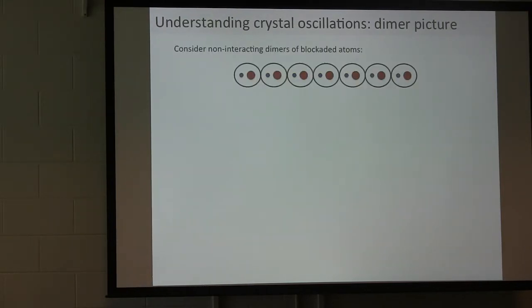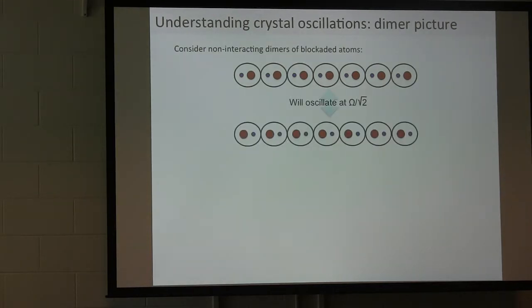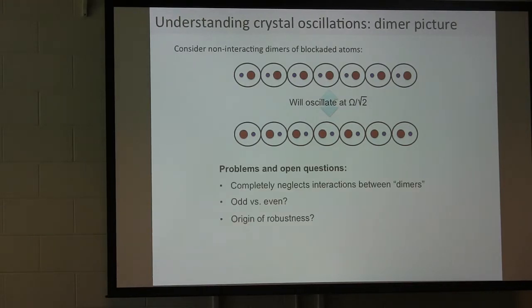So if I consider my array, my Rydberg crystal, as just a collection of non-interacting dimers like that, then with this simple model, I hope you're convinced that I should expect it to oscillate between this and this at a frequency given by omega over root 2. But of course, this is not the full story.